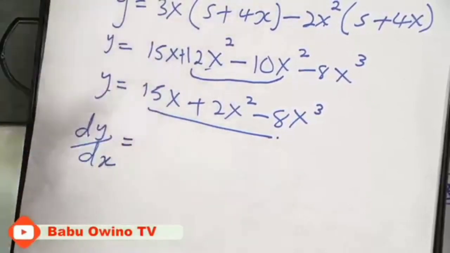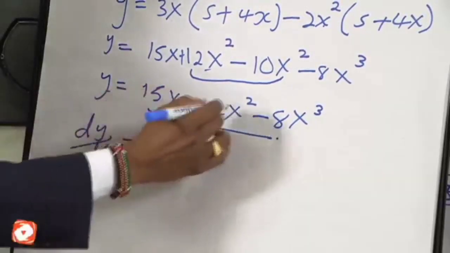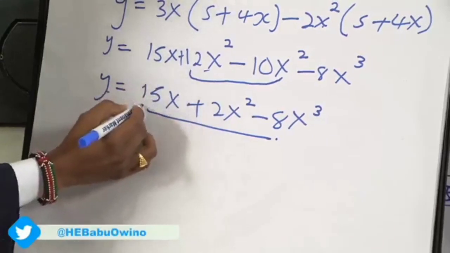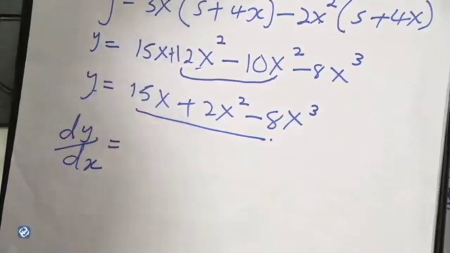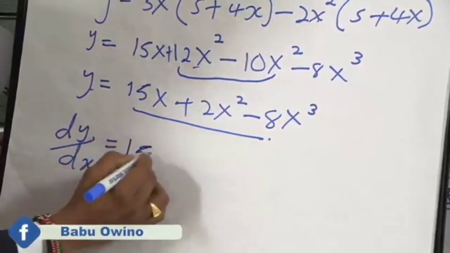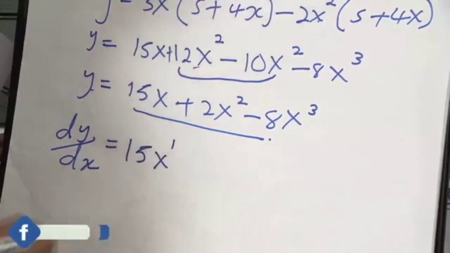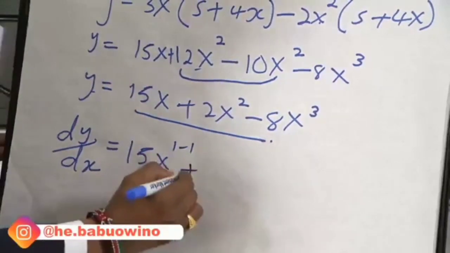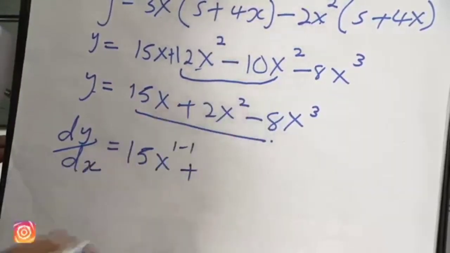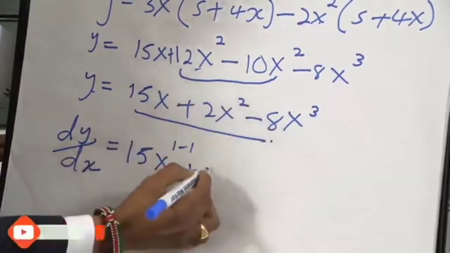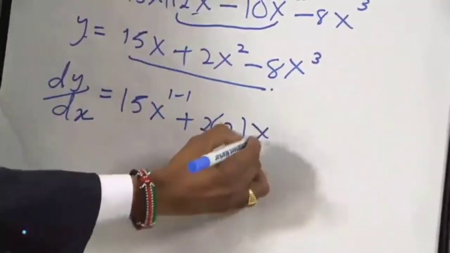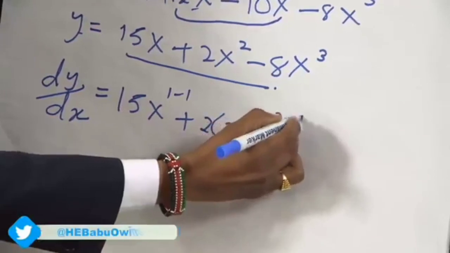Now when we want to differentiate, we'll differentiate every part that we have here. So we'll first of all start by differentiating 15x. In differentiating 15x, we have 15x, then x is raised to power 1, you subtract 1. Then plus 2x squared differentiated, you drop down the power 2, then you multiply by the constant 2, then we have x, then 2, you subtract 1.